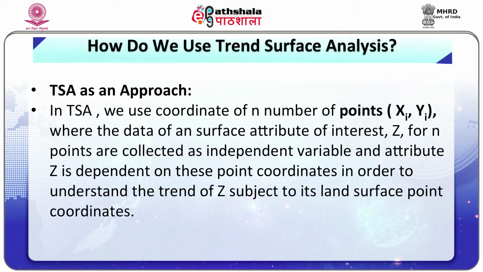In TSA, we use coordinates of n number of points (xi, yi), where the data of a surface attribute of interest z for n points are collected, and attribute z is dependent on these point coordinates as independent variables, in order to understand the trend of z subject to its land surface point coordinates.